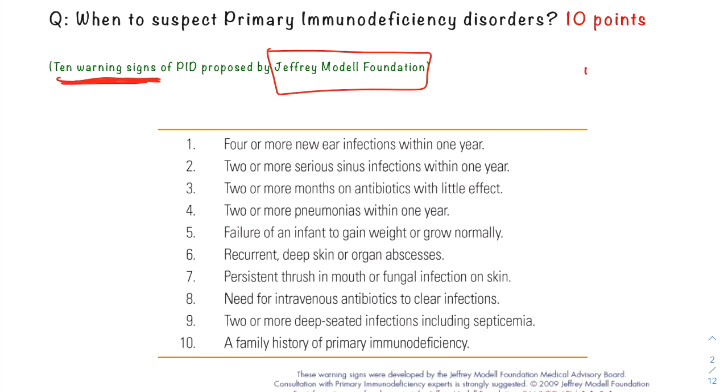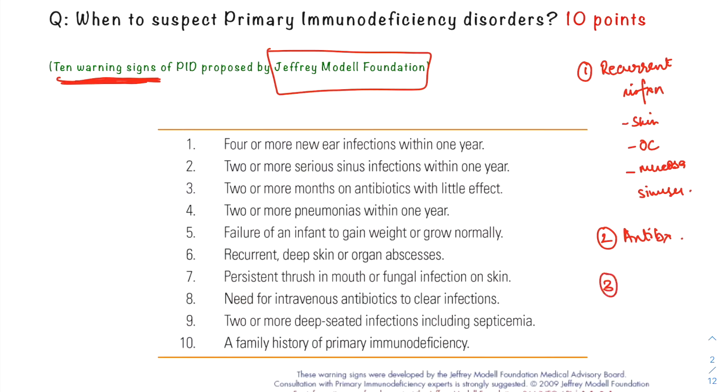A patient of primary immunodeficiency will always have recurrent infections, and these recurrent infections are primarily of the skin, the oral cavity, the mucosas, and sinuses. The infections are usually resistant to antibiotics. There will be a few deep-seated infections which will lead to septicemia. And fourth, there is a family history present.